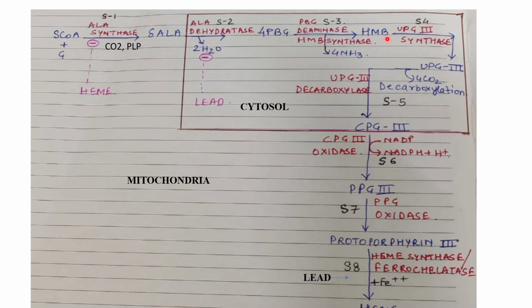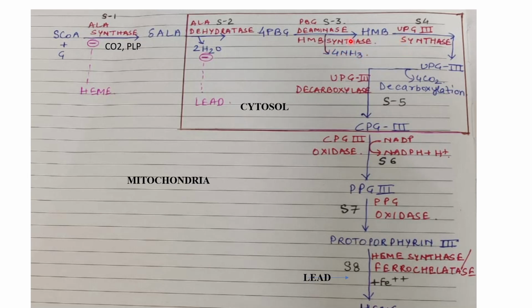This is the rate limiting step in this pathway. Then, in presence of uroporphyrinogen 3 synthase, uroporphyrinogen 3 is synthesized.